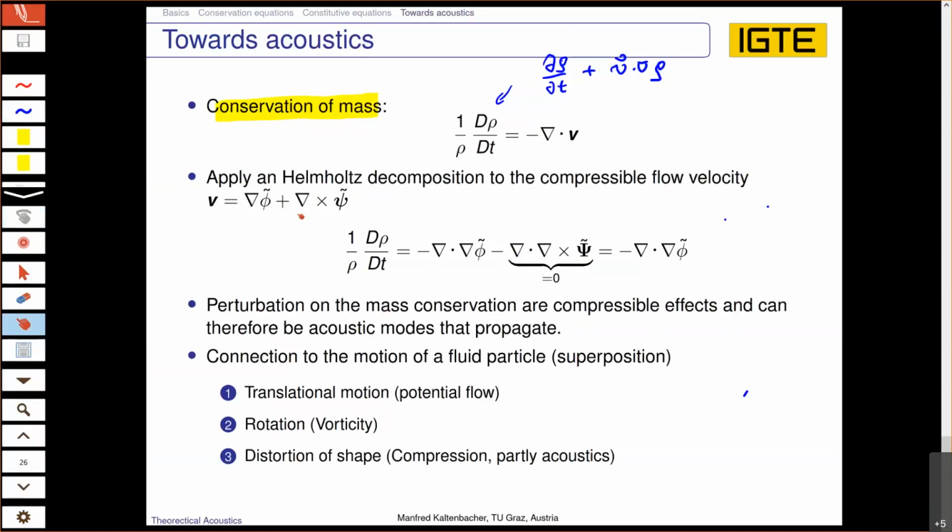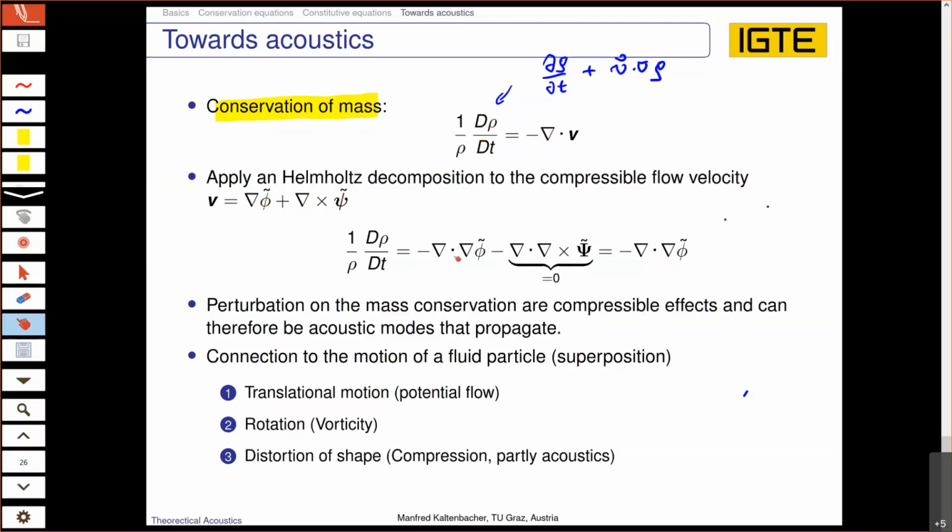So when we do this decomposition into the gradient of a scalar potential, phi tilde, and the curl of the vector potential, psi tilde, and put it into this equation, then we take the divergence of the velocity, decomposed into the gradient of the scalar potential and the curl of the vector potential.